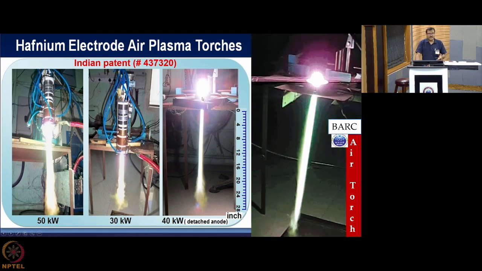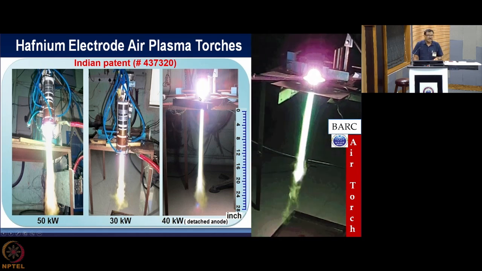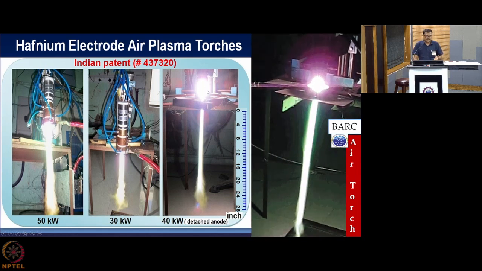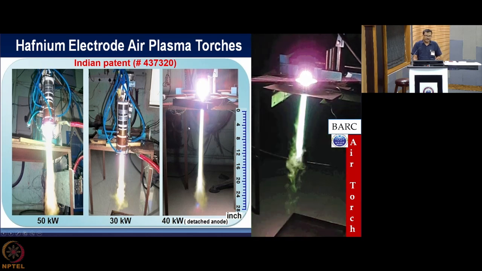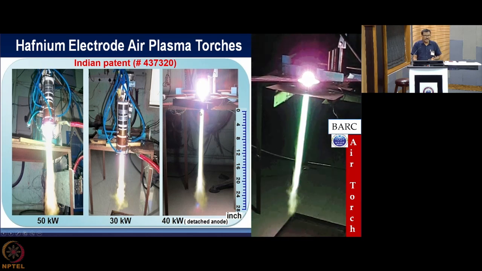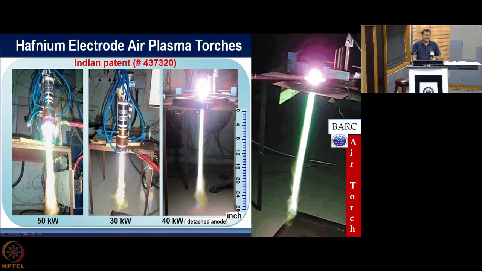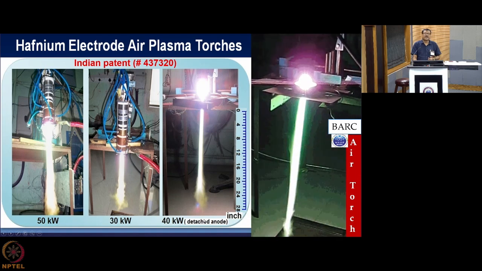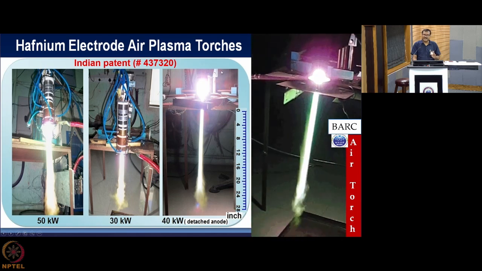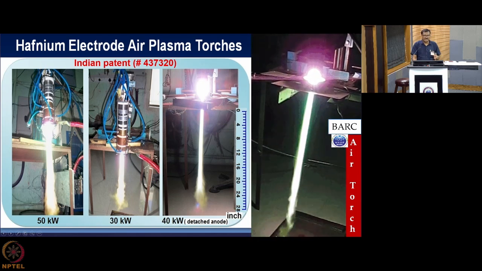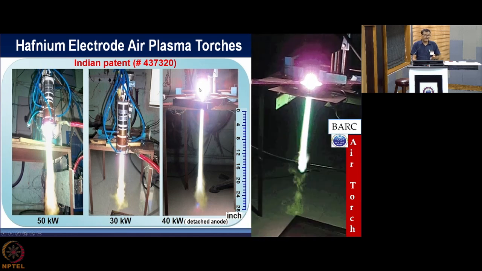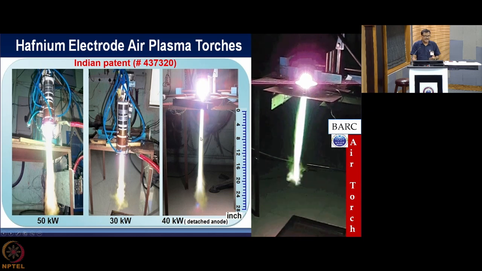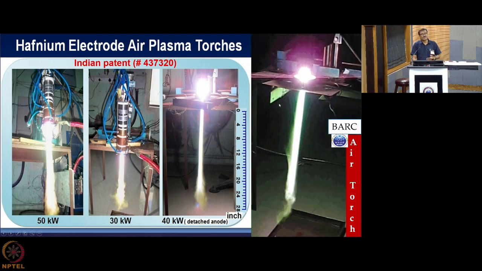So there is now no question of pressure buildup, because if pressure is there, then it will be released to this zone. Now you see what a long plasma jet is still coming out from the end of your anode till the ground. So now nobody has any question that it is the effect of pressure, because pressure is anyway released over here and still the plasma flow is coming out.